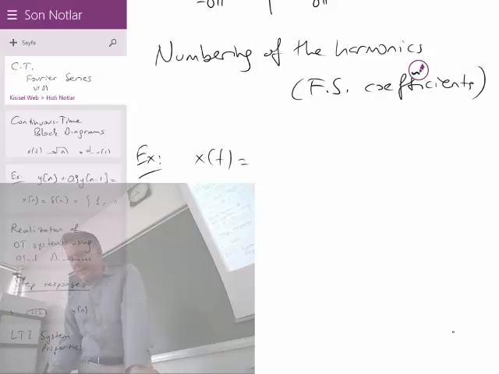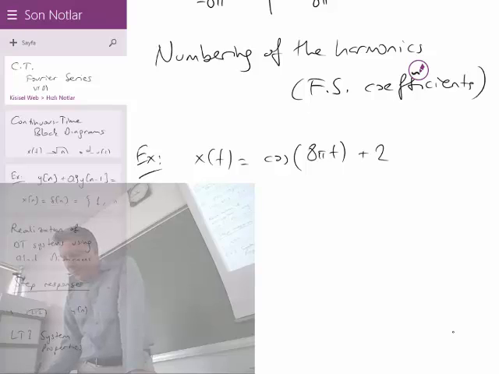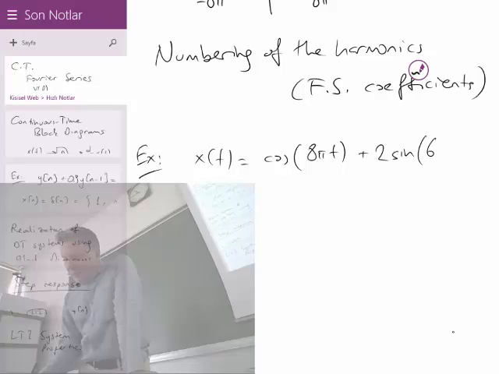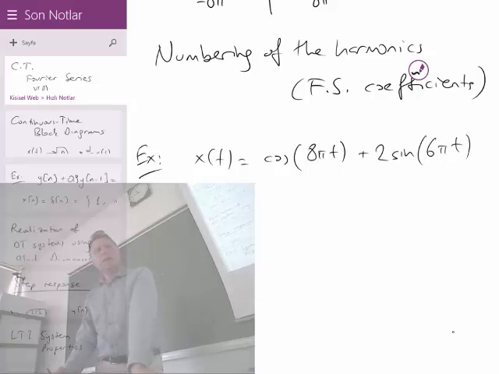Now my next signal is cosine 8 pi t plus 2 sine 6 pi t. Again, using Euler's formula, we can expand this into how many components now? The cosine will have 2, the sine will have 2, a total of 4 components.